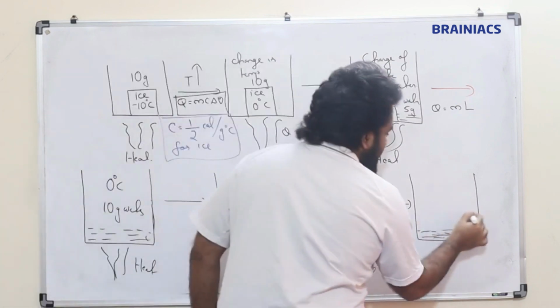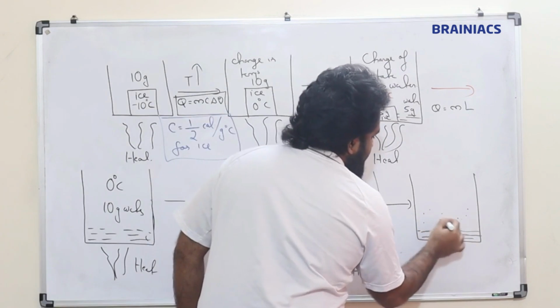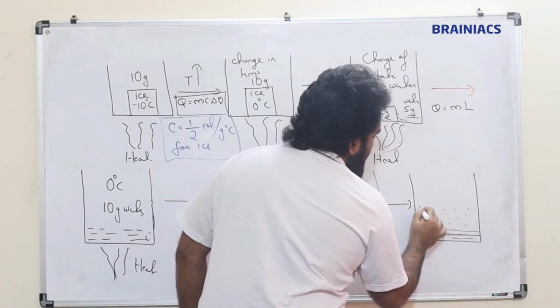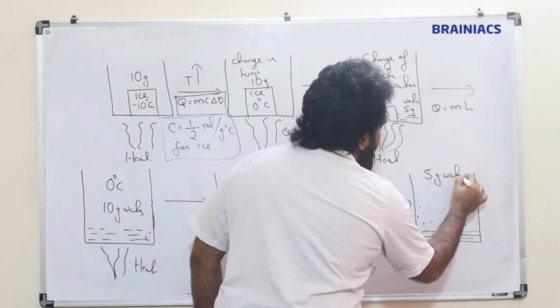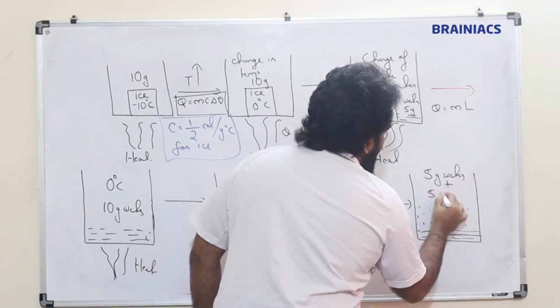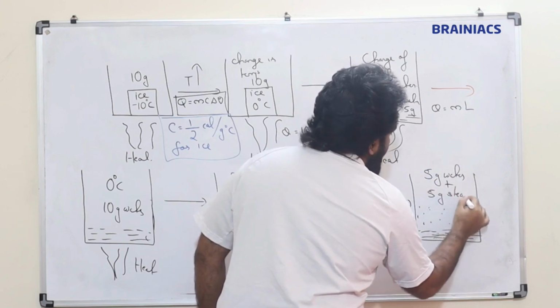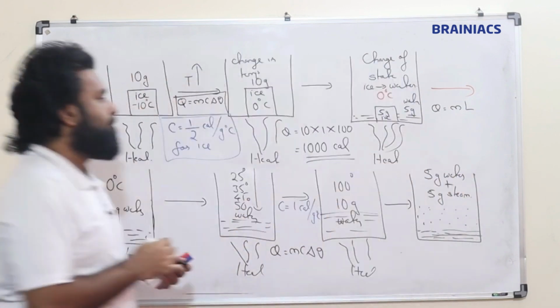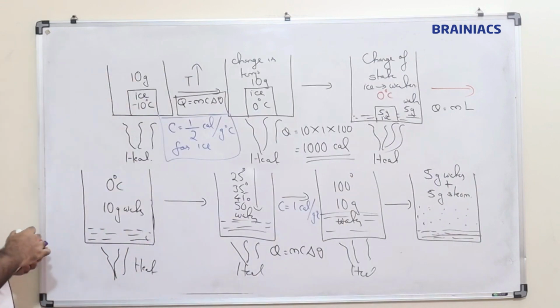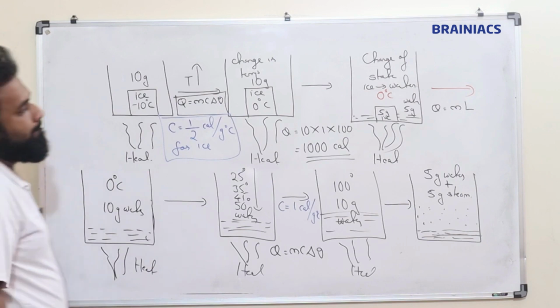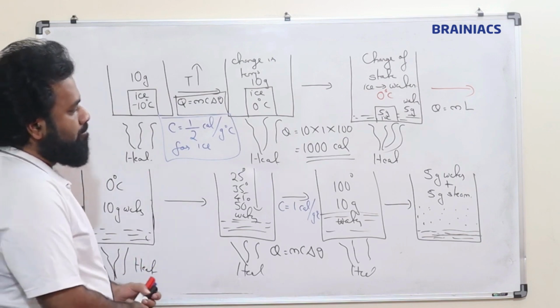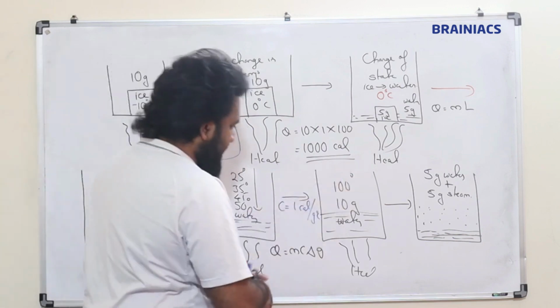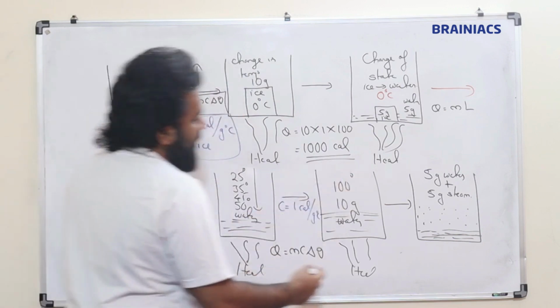So we can say, for example, 5 gram water plus 5 gram steam is there. Clear? Now how much energy is required for this process?